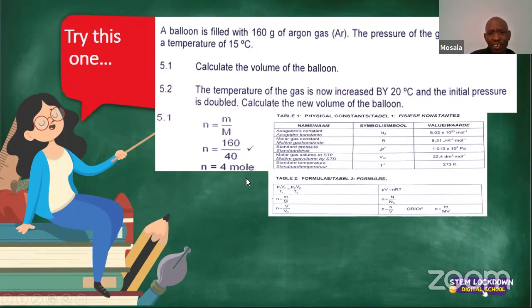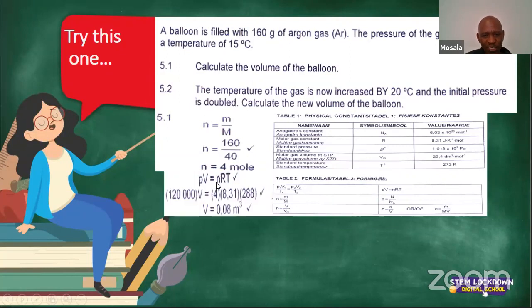Right, let's carry on. Now we are in a position to use this equation, PV equals nRT. We know that the pressure is 120 kilopascal. Kilo means 1,000, so it's 120,000 pascals. The volume is unknown, that's what we are looking for. The number of moles n is 4, and R is 8.31.